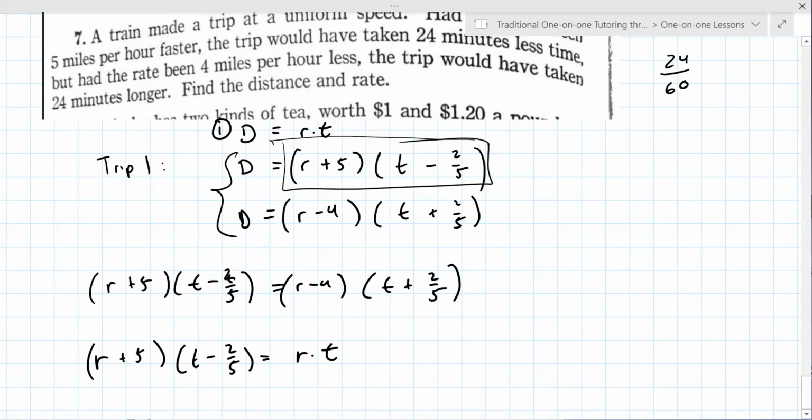But it doesn't work like that. All right, let me try foiling this. So that's RT minus 2/5 R plus 5t minus 2. So I guess you can solve that for RT. Oh man.